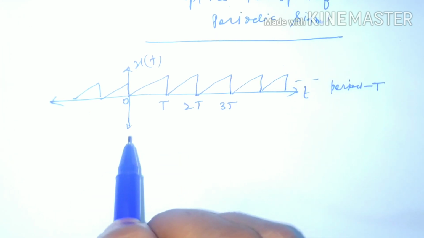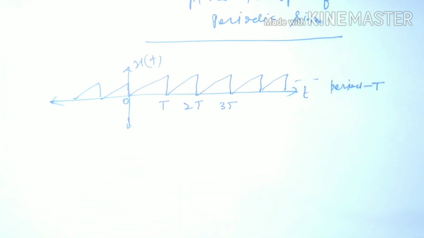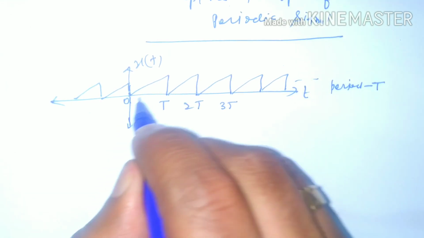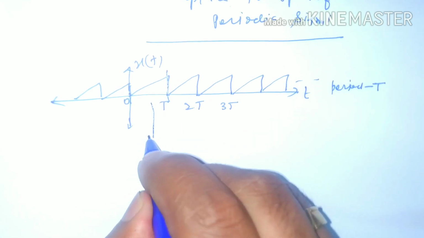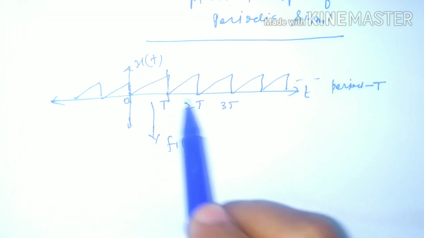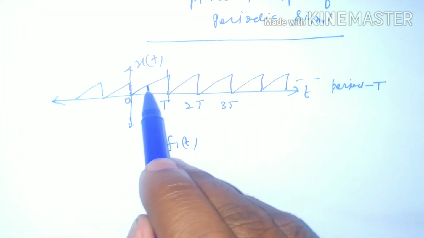For finding its Laplace transform, at first we have to find the Laplace transform of one unit cycle of this signal. Let it be f1(t).